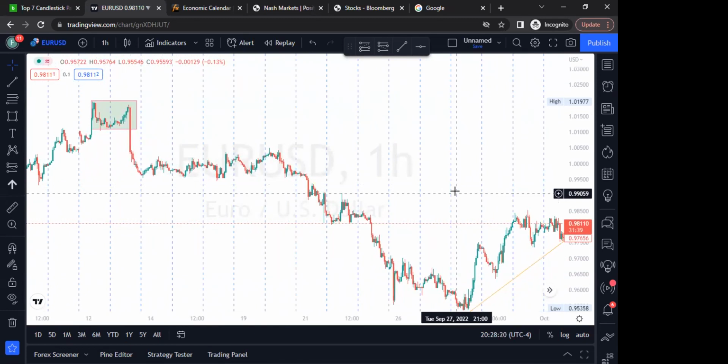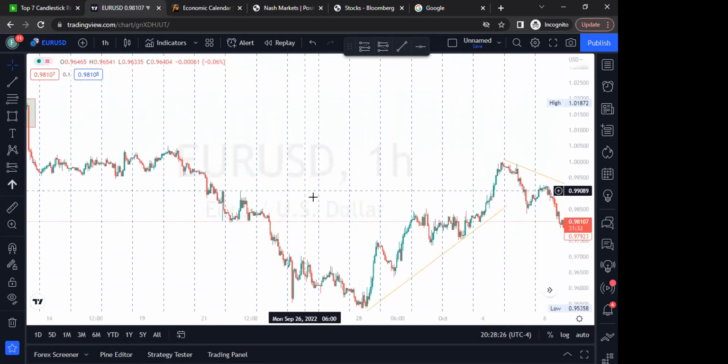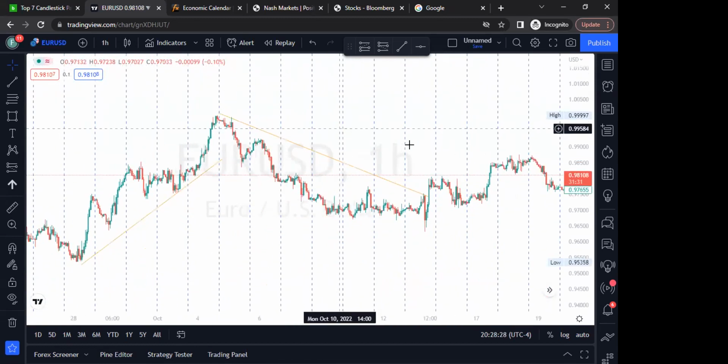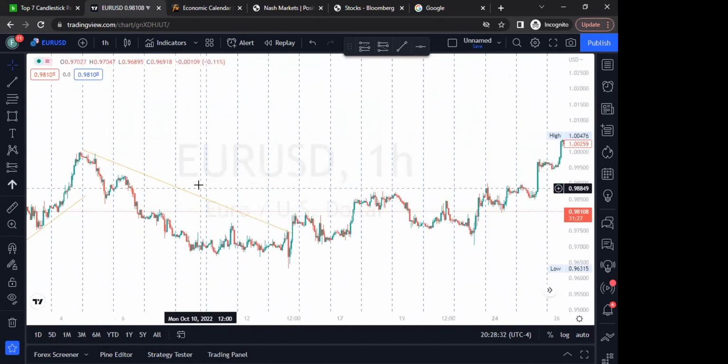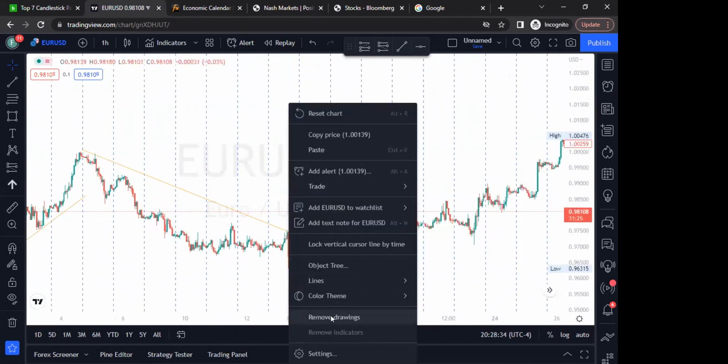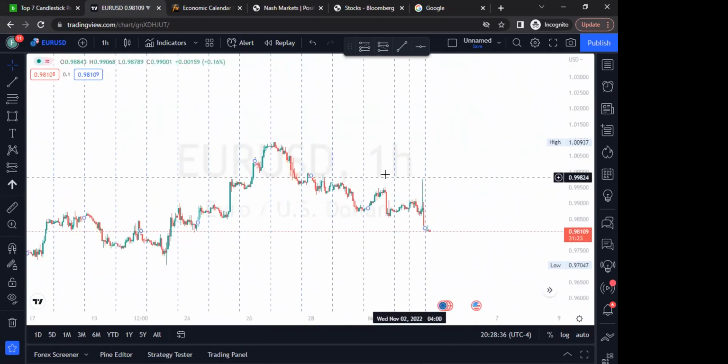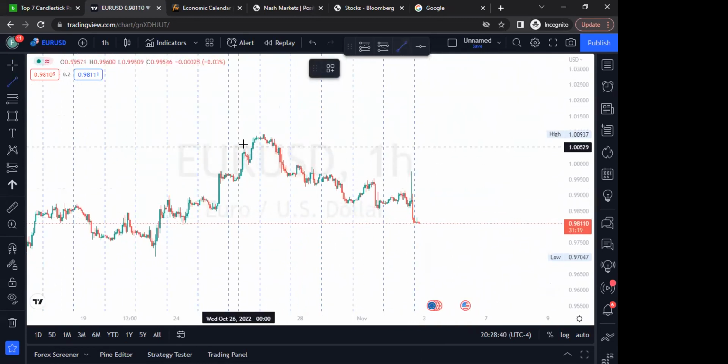If you want to identify an uptrend or a downtrend, all you have to do is look at previous price history, which is what we're looking at right now. Let me get rid of these drawings. Let's use this current area, for example. As you can see, we're in a downtrend pattern.